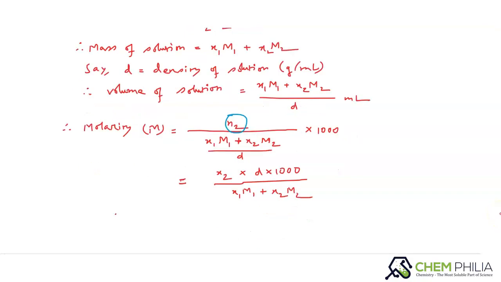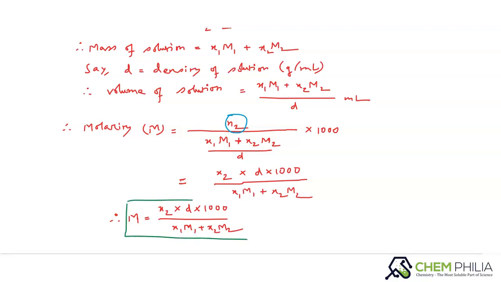So therefore we can say that molarity is nothing but x2 into D into 1000 divided by x1 m1 plus x2 m2. So this is the relation. Clear? So I hope you have understood the relation, and then let us come to the last relation of this video.